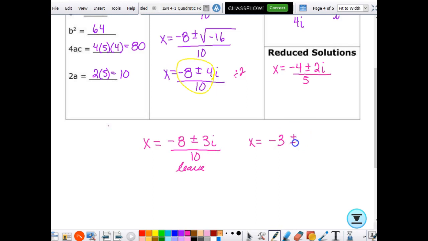Let's say we had negative 3 plus or minus 6 times the square root of 11 over 12. I'm just making this up. This has nothing to do with the previous problem. Look, they'll all divide by 3. Divide by 3, divide by 3, divide by 3. Not the 11, okay? Just the plain old good old-fashioned numbers. So negative 3 divided by 3 is a negative 1, plus or minus 6 divided by 3 is a 2, and then 12 divided by 3 is a 4.